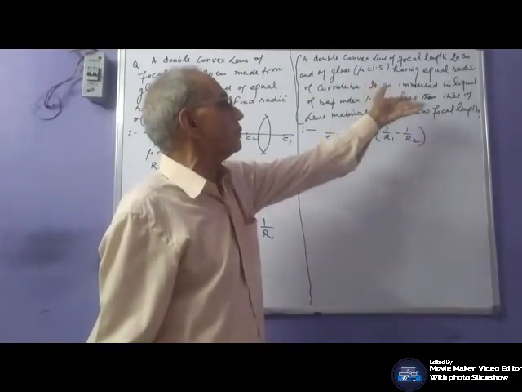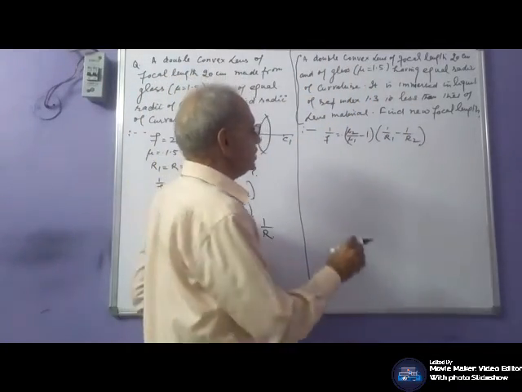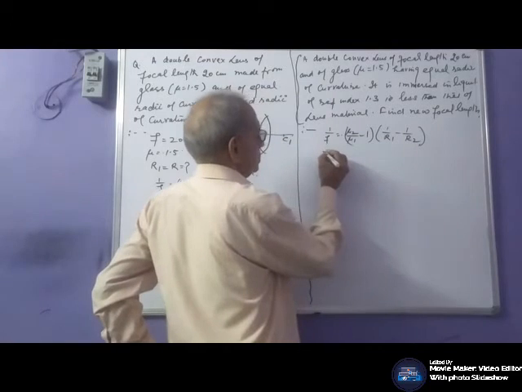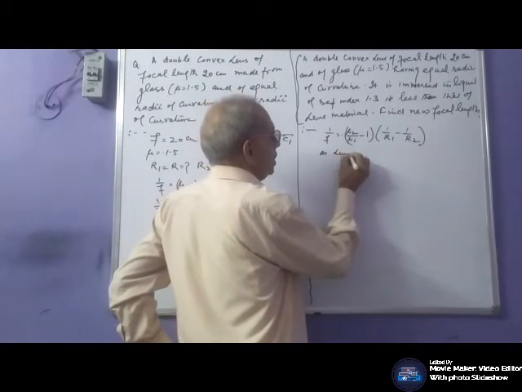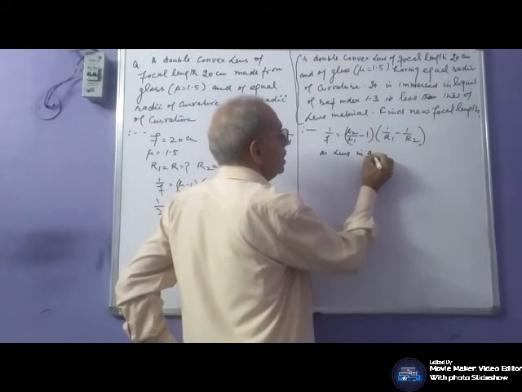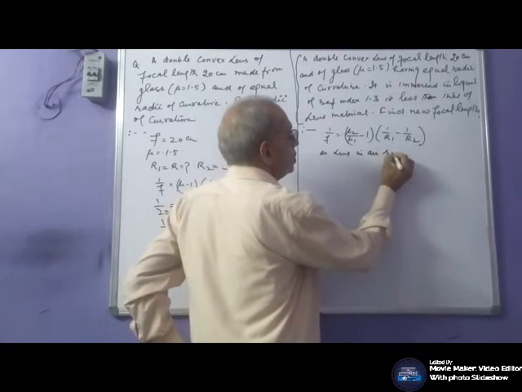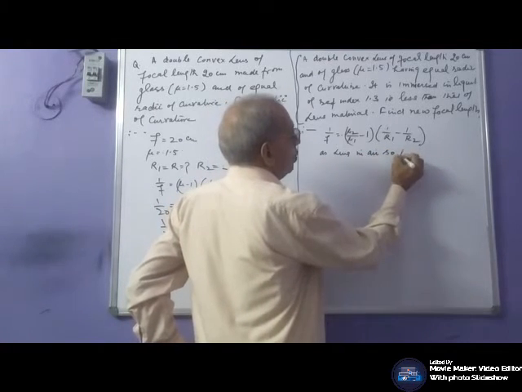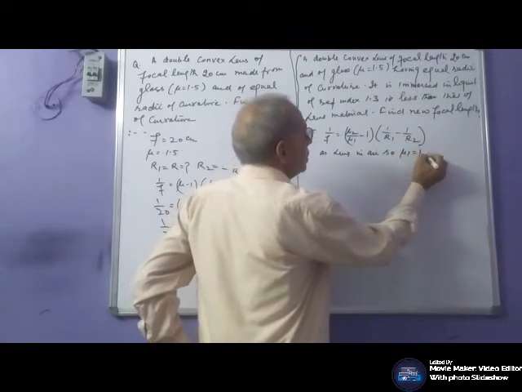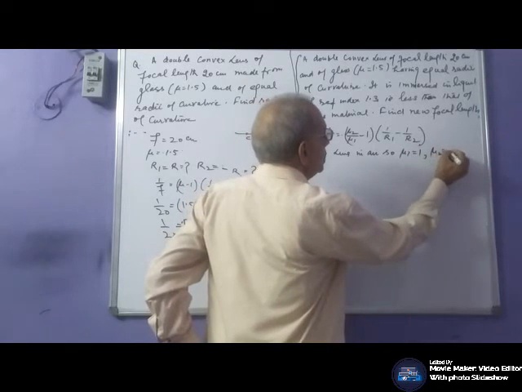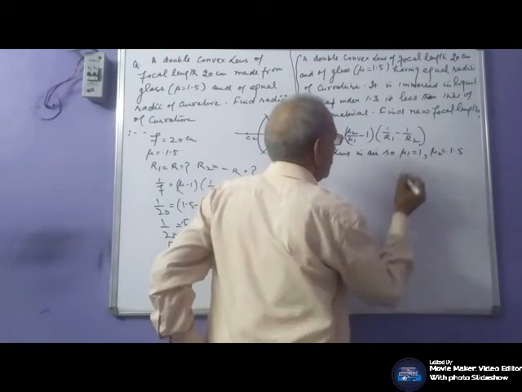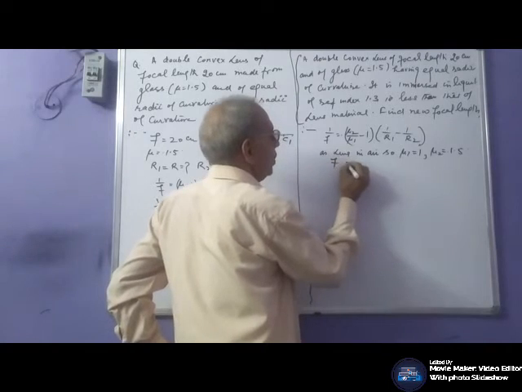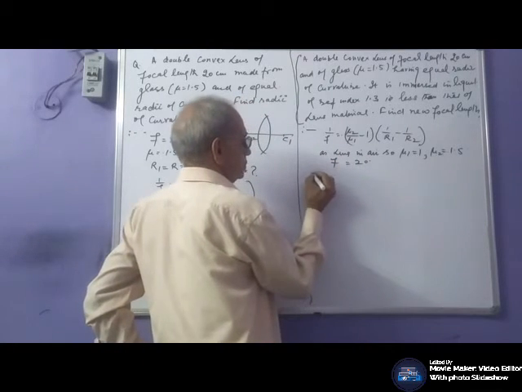Now it is immersed somewhere. In the first case, the lens is in air. So mu 1 is 1, mu 2 is 1.5 and f was 20.